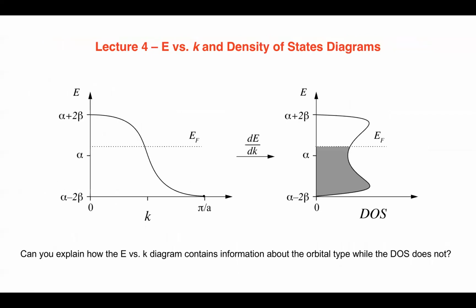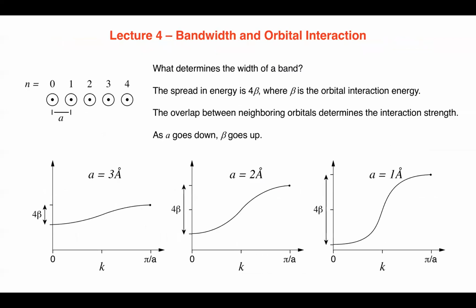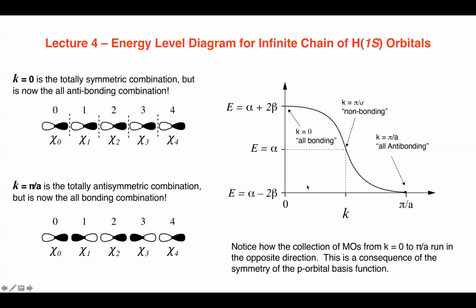In these previous cases here, the energy goes up as you go from 0 to pi over a. Okay, so it's kind of cool that you can see that just by looking in the Brillouin zone here of unique values. You can see how the basis orbital function responds to changes in k by how it changes with energy.